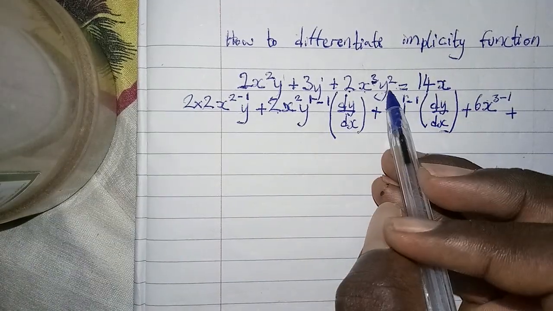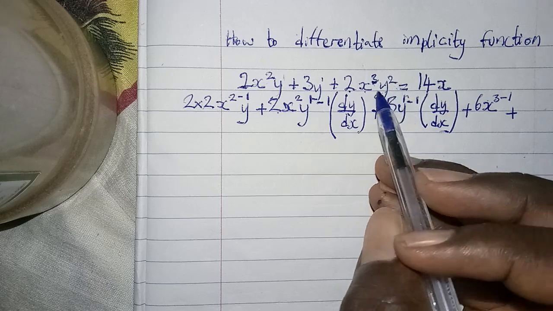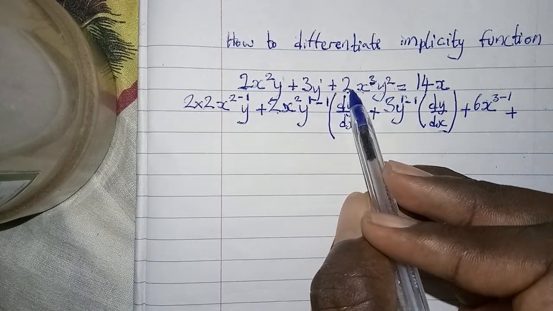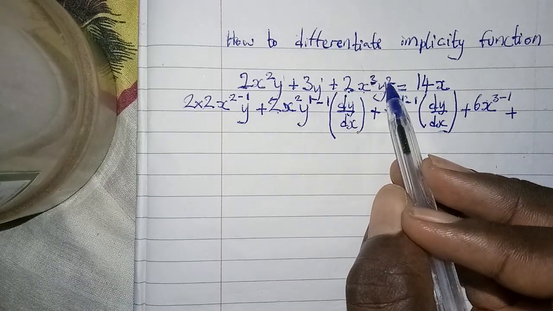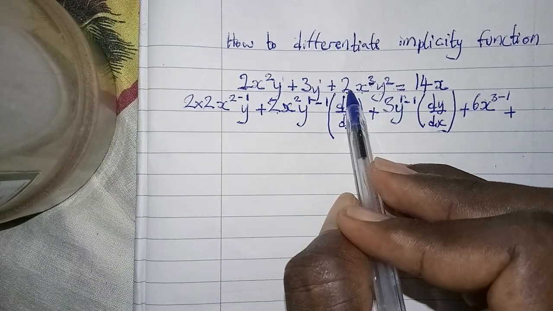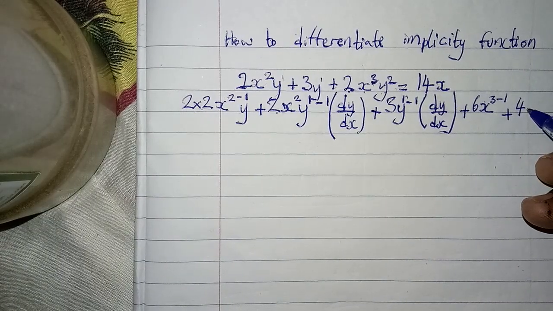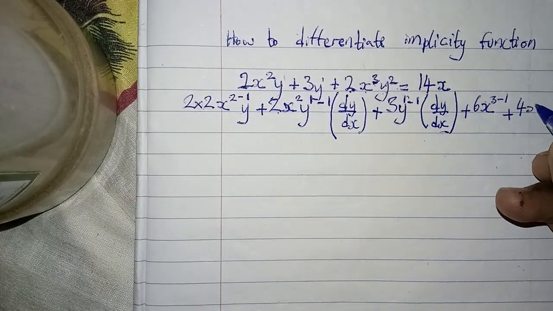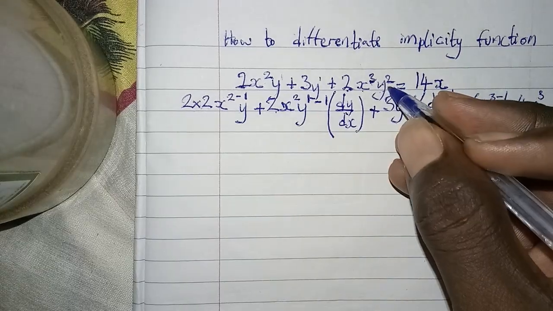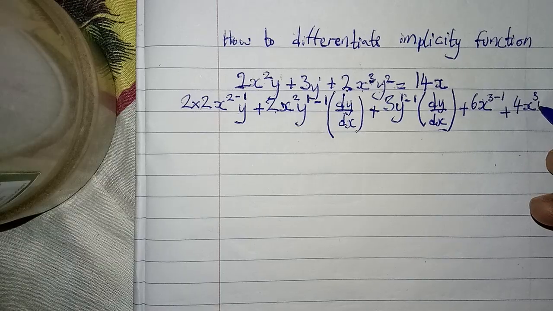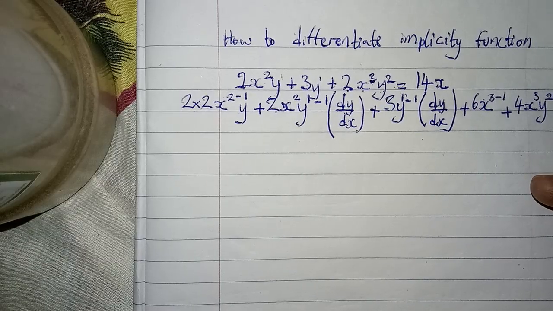So for the y value, we have y exponent 2. So this exponent 2 times this 2 will give you 4. Then you bring your x as it is because we are dealing with the y value. Y will be 2 minus 1.